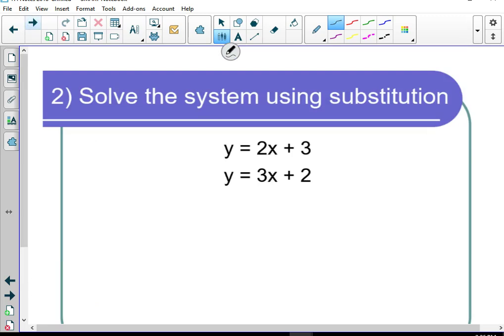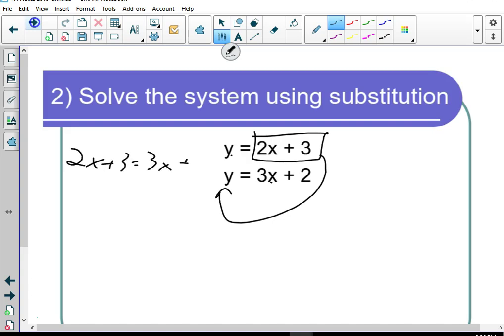Okay, this is about the easiest substitution you can get. They're already both set equal to y. So all we're going to do is substitute this in right there. Or we can substitute this in right there. It makes no difference. We're going to get 2x plus 3 equals 3x plus 2. Now, remember, when we're doing this, we have a choice.